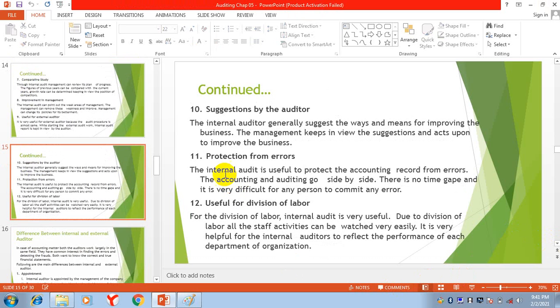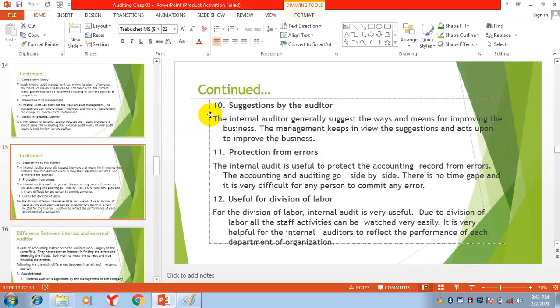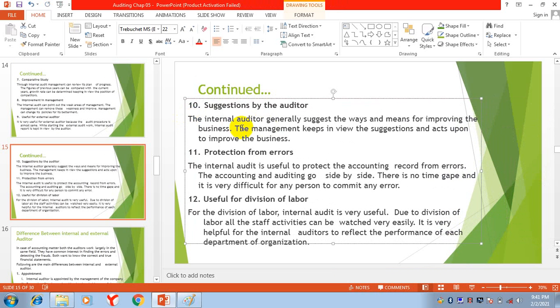Suggestions by the auditor. The internal auditor generally suggests the ways and means for improving the business. The management keeps in view the suggestions and acts upon them to improve the business. The internal auditor gives his suggestions and views.